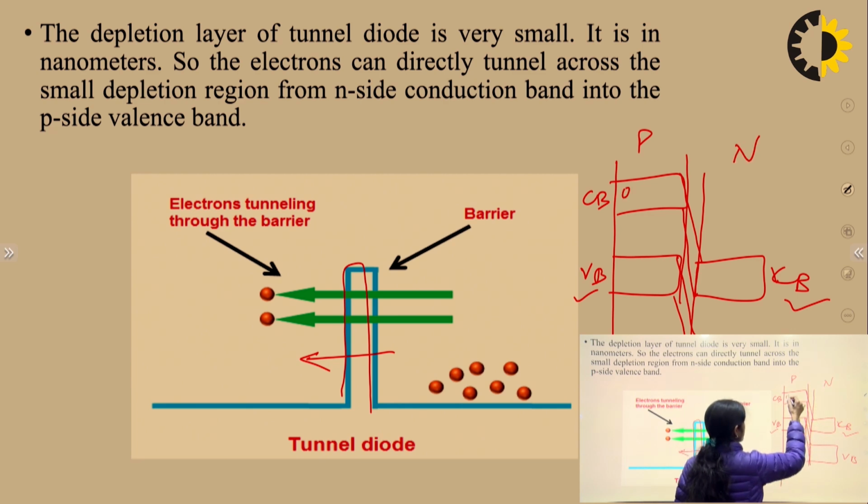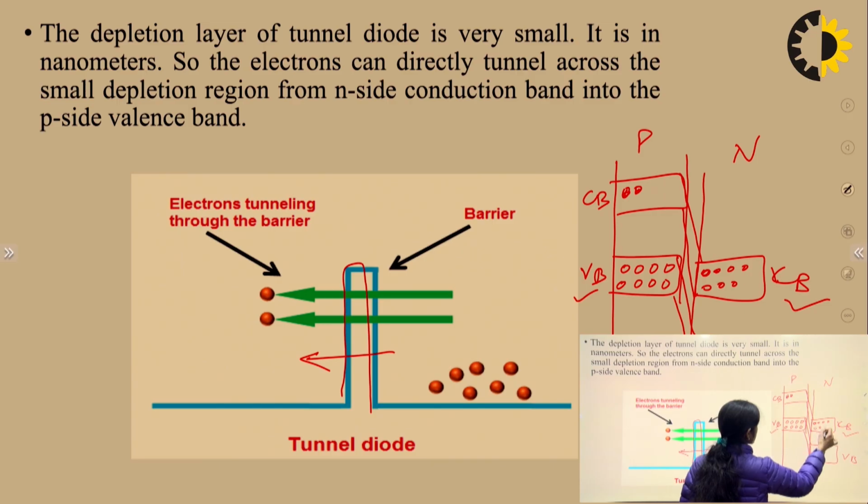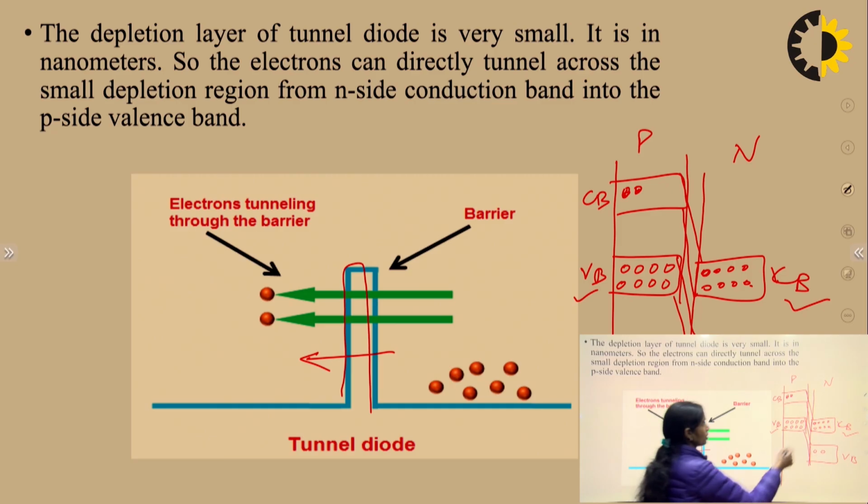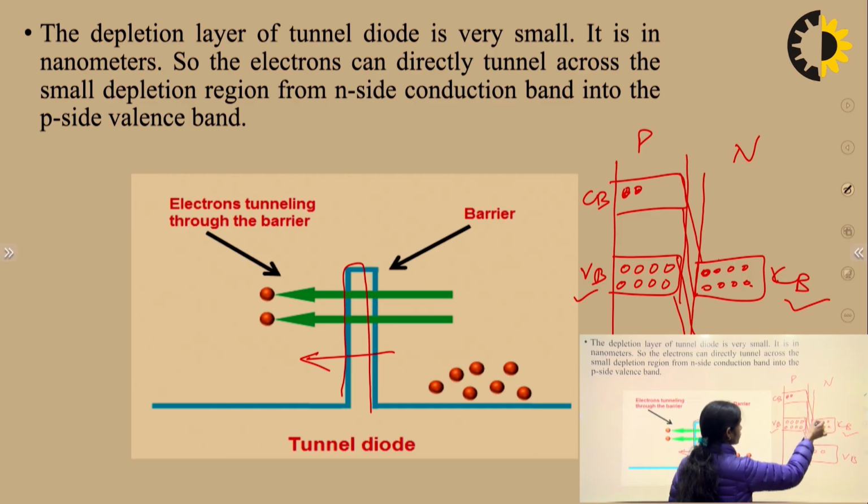Here we have a majority of holes in the valence band, and here a majority of electrons in the conduction band. So rather than crossing the potential barrier, the electrons directly tunnel to the valence band of the P type through this depletion layer, and this process is called the tunneling phenomenon.